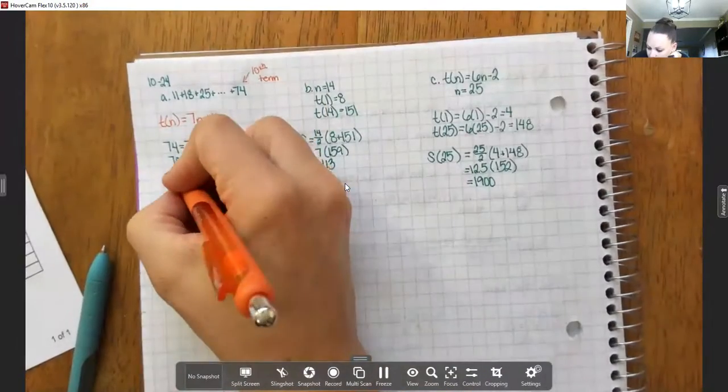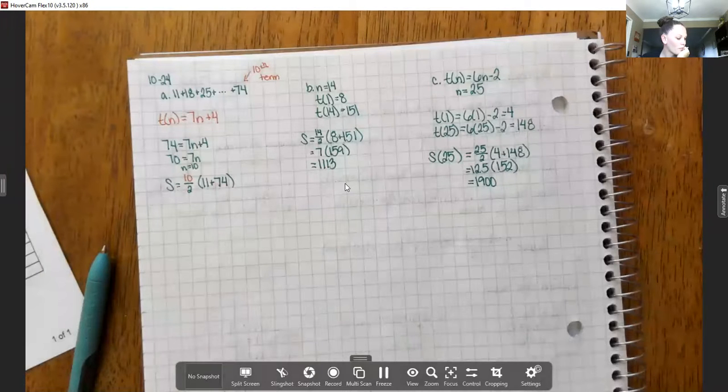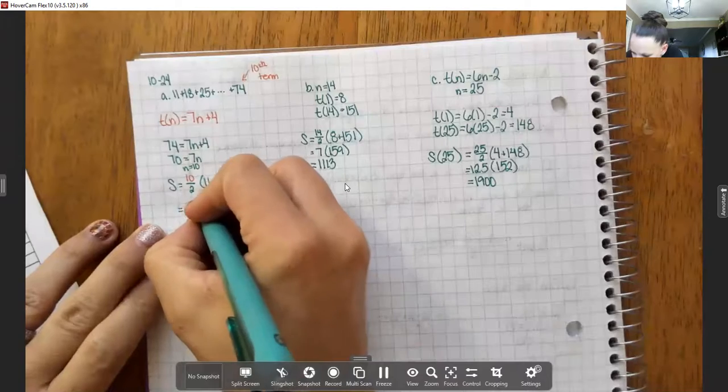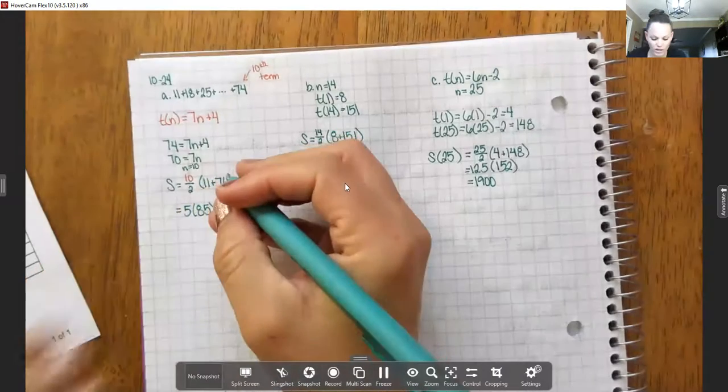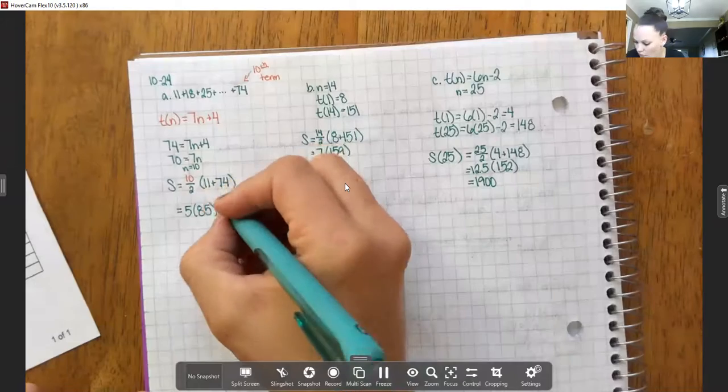Which means the sum is going to be 10 divided by 2 times 85. So this is then 5 times 85, which is 425.